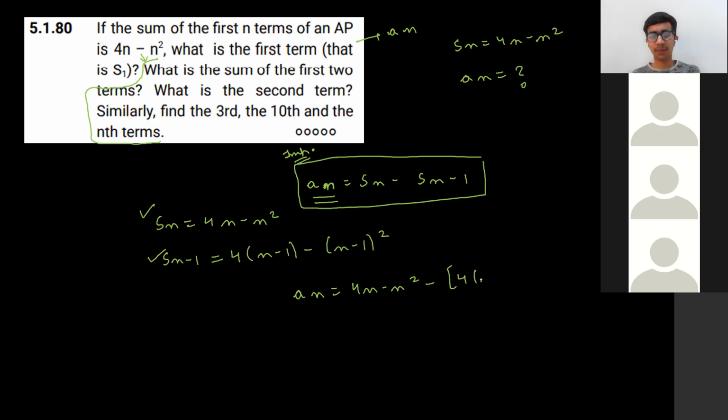So that's 4 times n minus 1 minus n minus 1 the whole square, bracket close. So 4n minus n square minus 4n plus 4, so plus n square plus 1 minus 2n, right? So this n square and this n square cancel out. This and this also cancel out. We have an as 5 minus 2n.